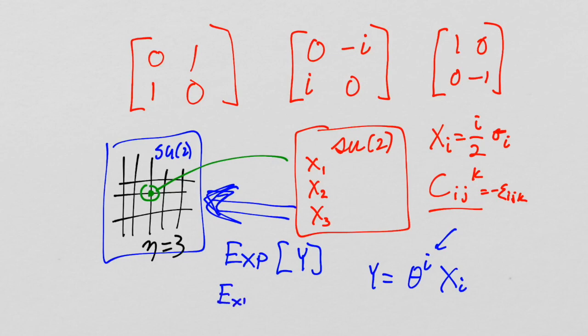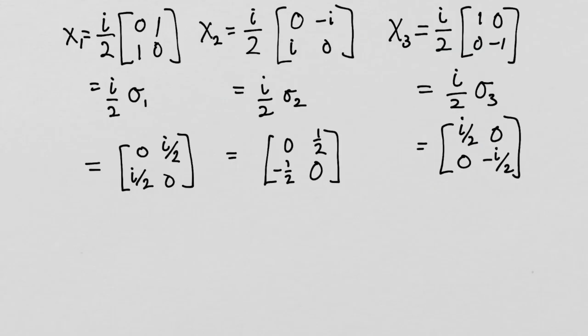So we're looking for exp of finite theta_i x_i. Okay, and now we'll solve this problem. So this is our basis for the Lie algebra, x1, x2, and x3. These are our basis vectors, and we've defined them to be i over 2 times sigma 1, sigma 2, and sigma 3, which I've indicated here.